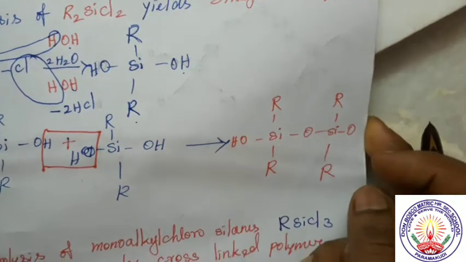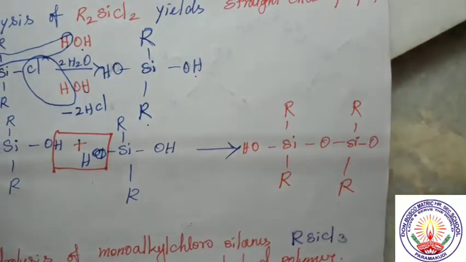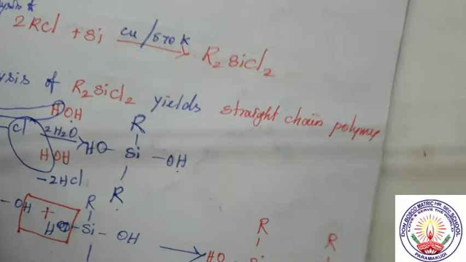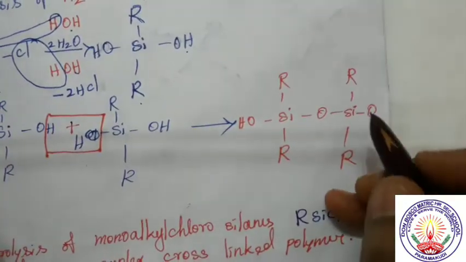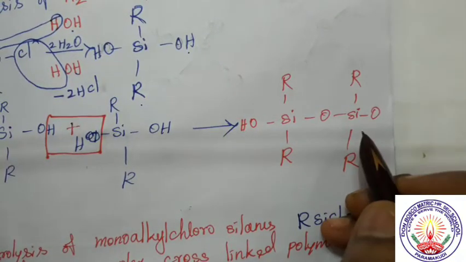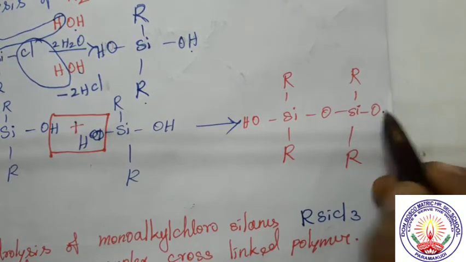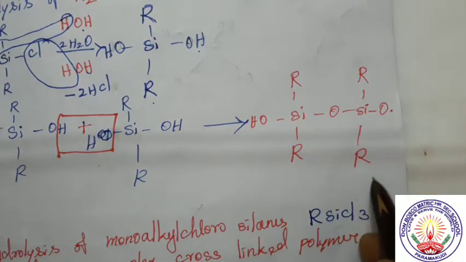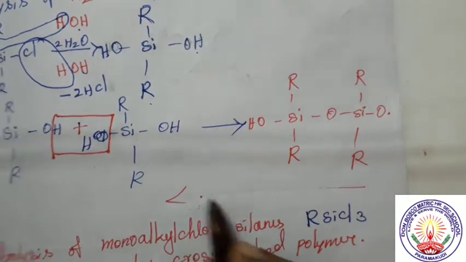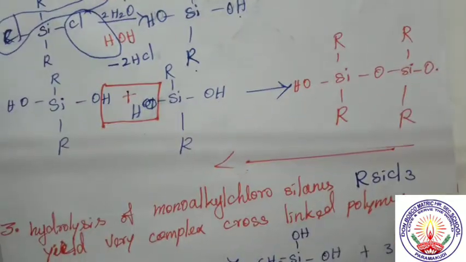So with this we can add one more unit. If we add one more unit here, it keeps on increasing. The polymer chain keeps on increasing.